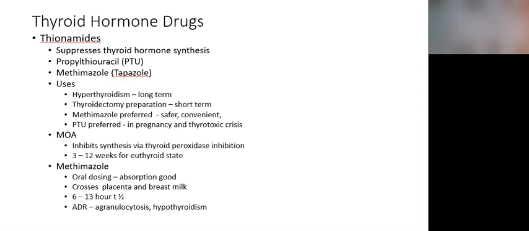The drug crosses into breast milk. It is suggested that a patient does not breastfeed during therapy. Along with causing hypothyroidism due to its efficacy, the drugs can also cause hepatotoxicity and agranulocytosis.